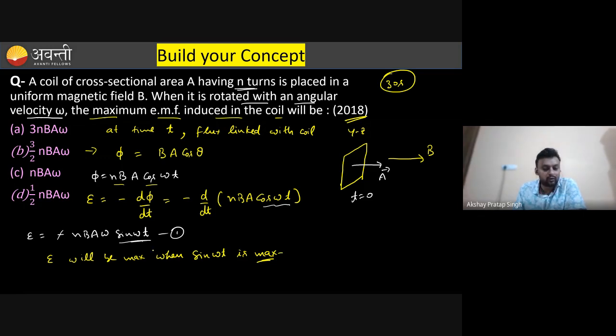Everybody knows, I hope. The maximum value of sine theta is 1. So put sine omega t as 1 and you will get E equals NBA omega. So this is your final answer, the maximum EMF induced in the coil. I hope this is clear to everyone.